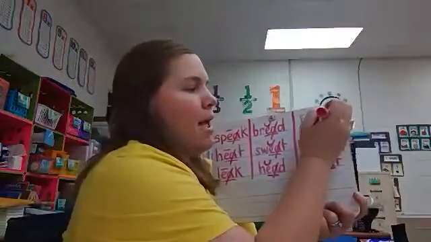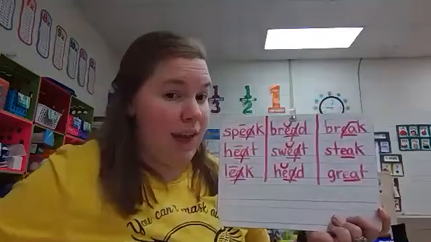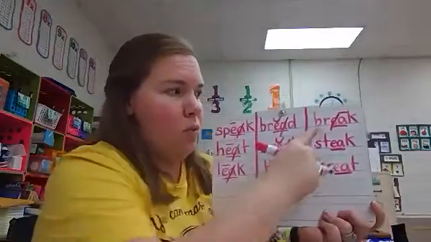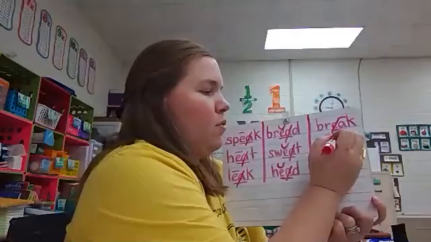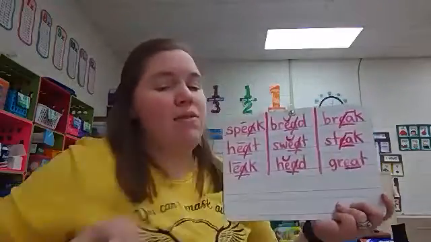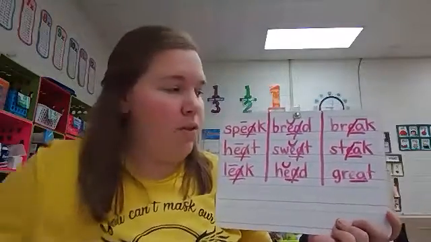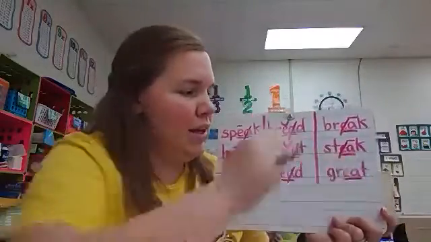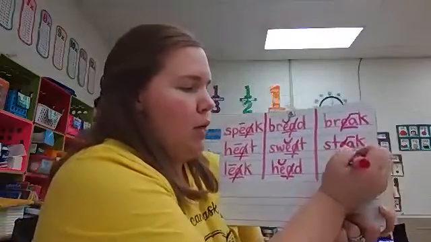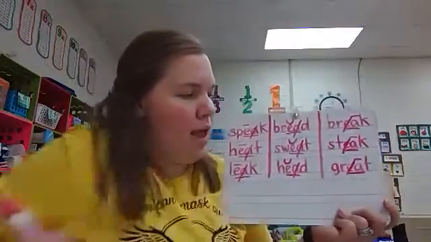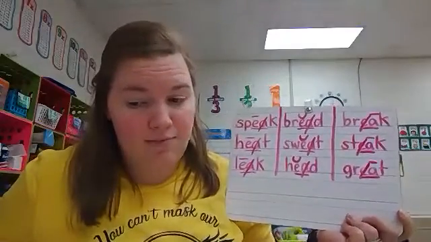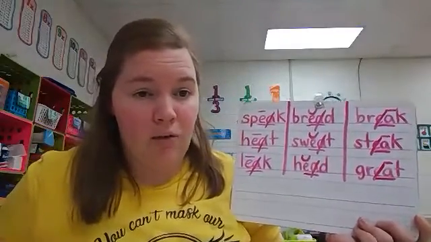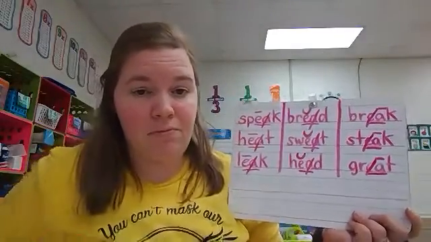So we're putting a macron above the A and crossing out the E. So this word is saying break. In this word, the macron goes above the A, the E is crossed out. So this says steak. And for the last word, the macron goes above the A, cross out the E. This word is great. So there are three sounds for digraph EA.